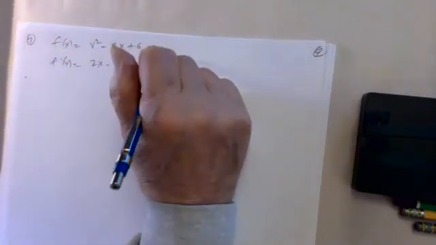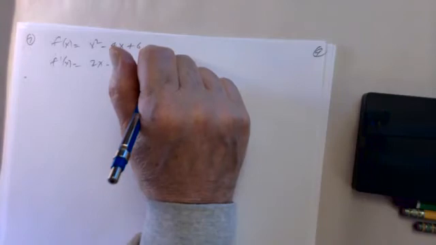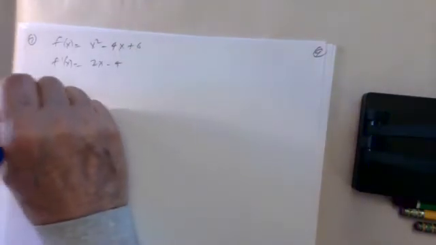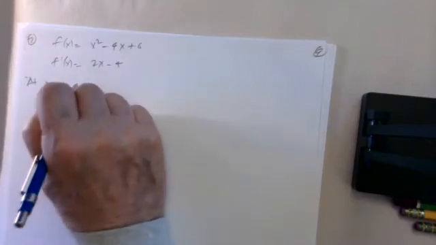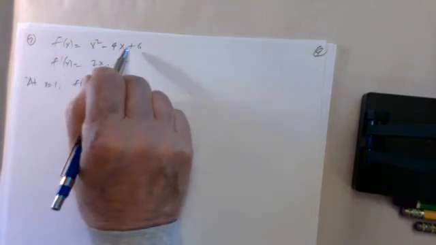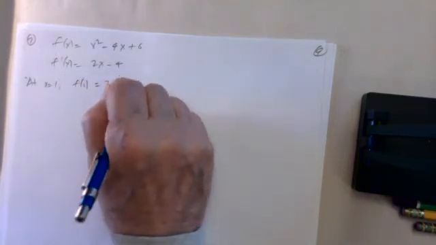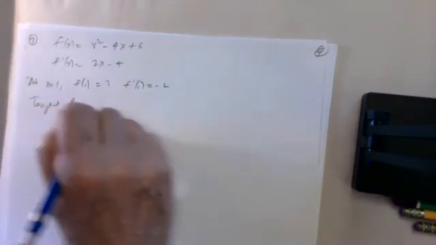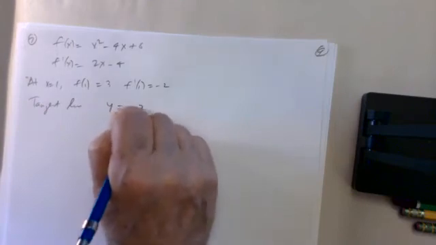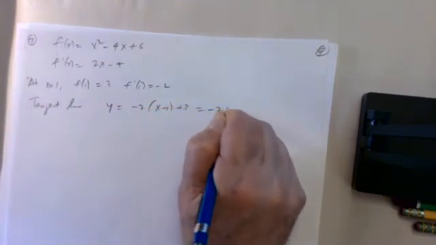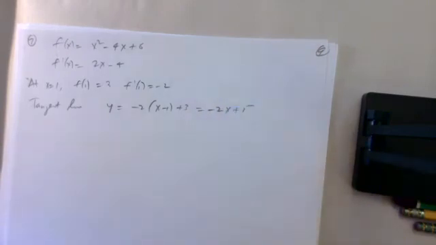So I want to find the tangent lines at 1 and at 3. So at x equal 1, f of 1 is 3, and f prime of 1 is minus 2. So the tangent line is y equals minus 2 times x minus 1 plus 3, which is minus 2x plus 5.